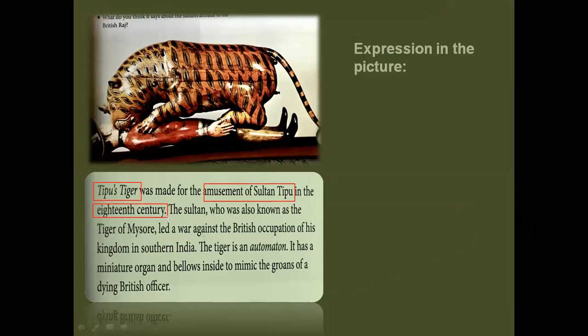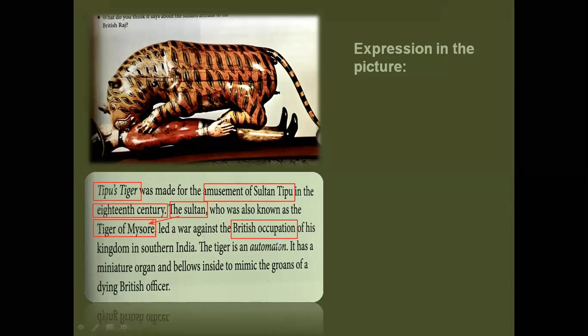The Sultan himself was also known as the Tiger of Mysore. He led a war against British occupation.